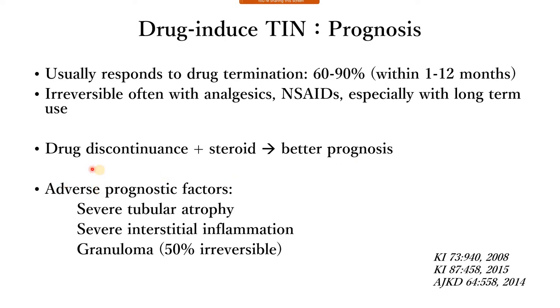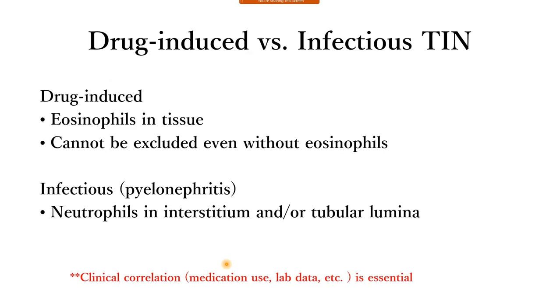The main strategy for treatment is drug termination plus steroid, giving a better prognosis. Adverse prognostic factors include severe tubular atrophy, severe interstitial inflammation, and granuloma. Particularly for granulomatous TIN, 50% of cases are irreversible. Probably that is a kind of severe TIN.